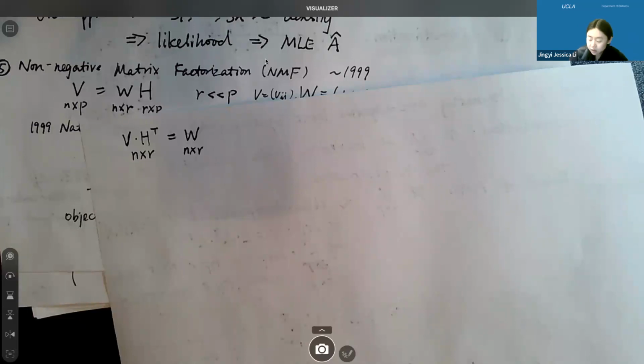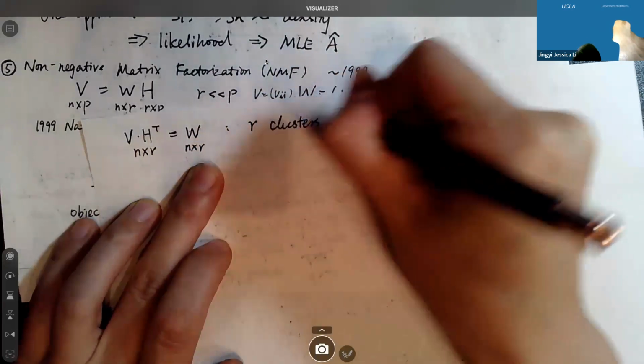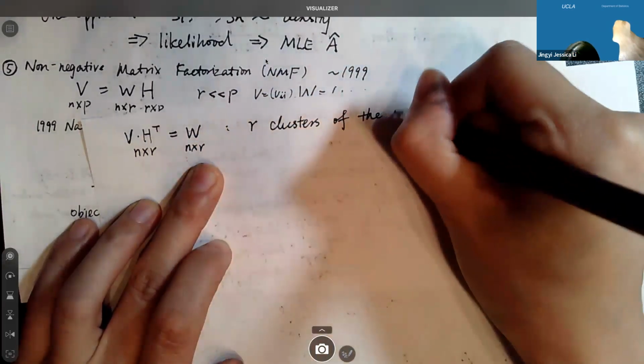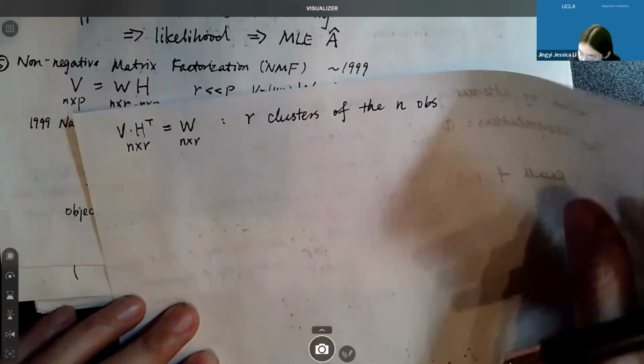Because of sparsity, it can also be regarded as R clusters of the N observations. So this is the second interpretation of NMF.